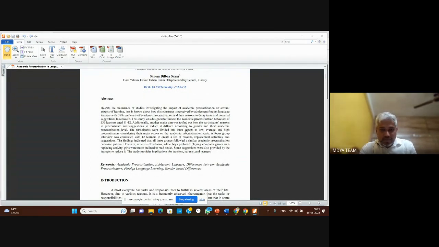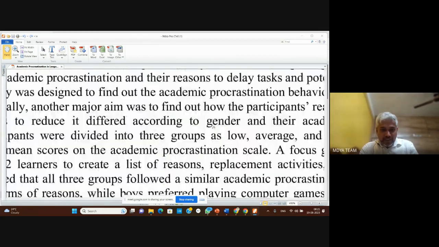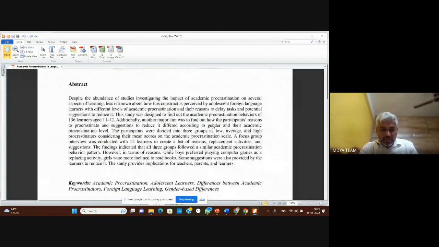This is a short paragraph. So the first three lines will explain the introduction of your research paper, whatever you have done in your research paper or your thesis. Three to four lines will explain the introduction, right?